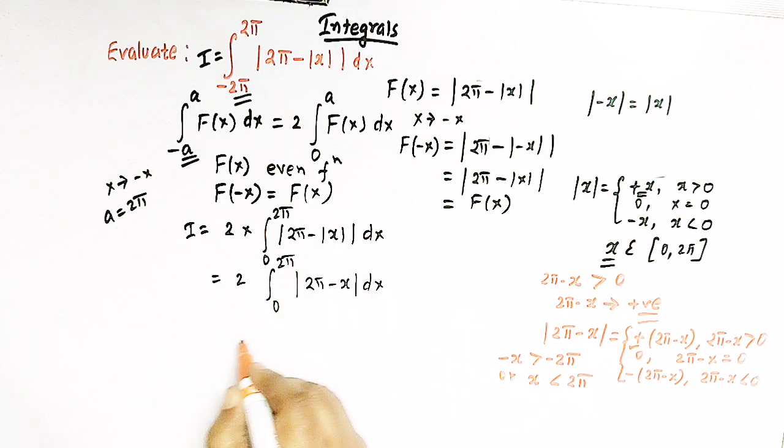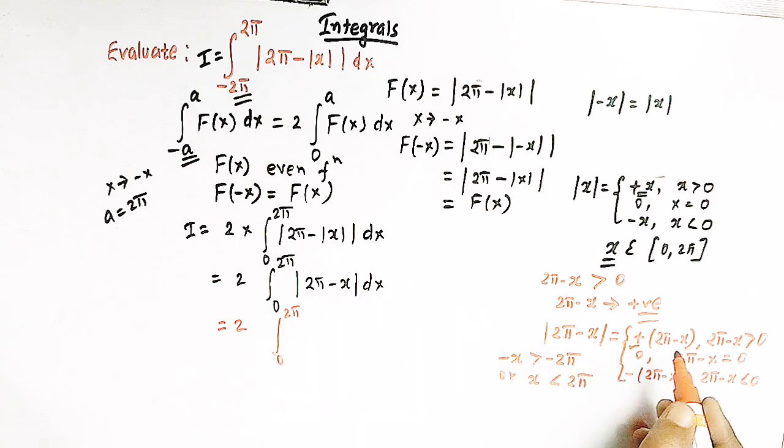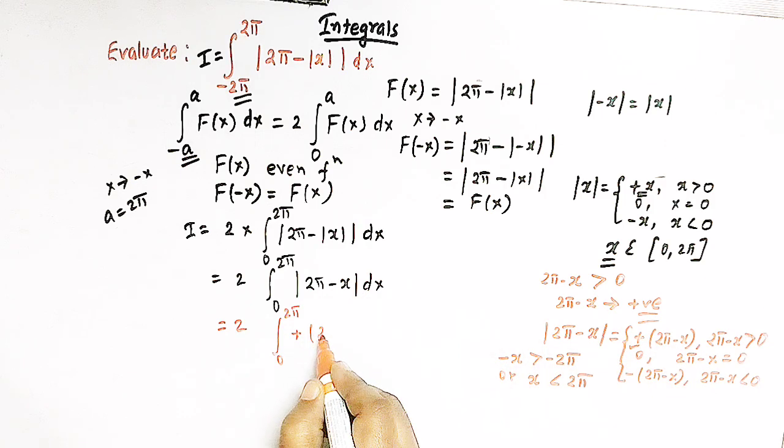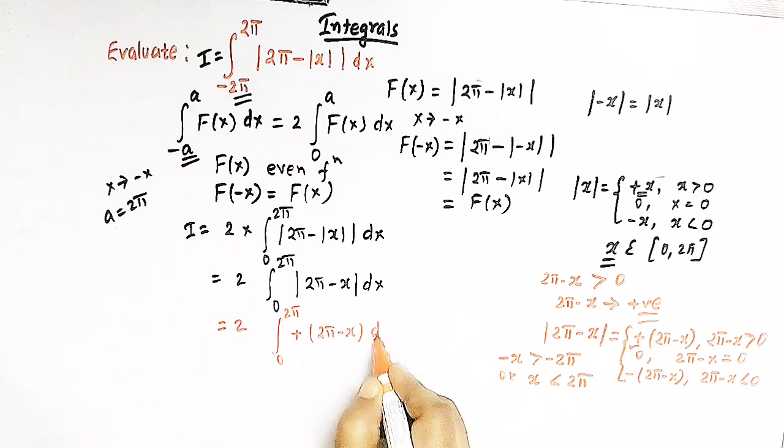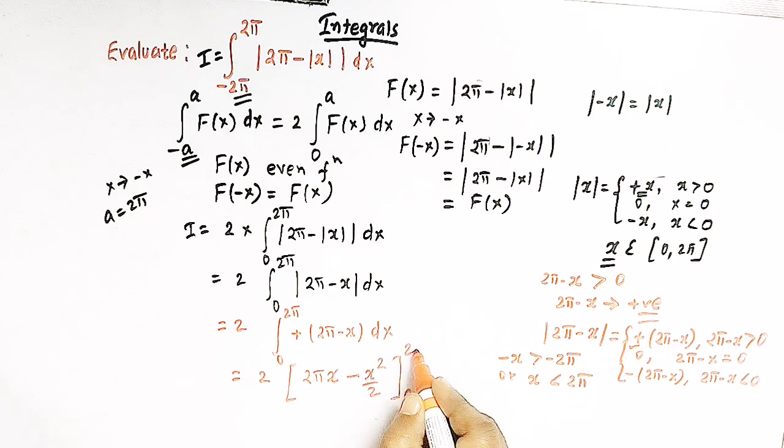So now we can replace mod of 2 pi minus x by positive 2 pi minus x dx, and easily find the integral. The integral of 2 pi dx is 2 pi x and of x dx is x square over 2, with limits from 0 to 2 pi.